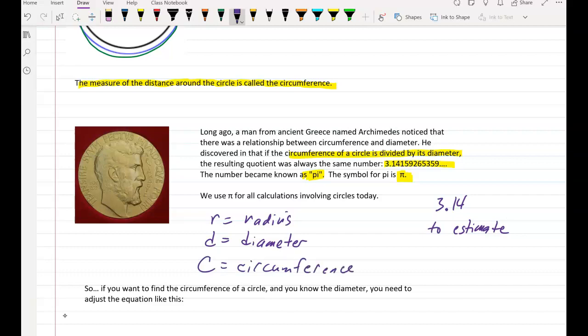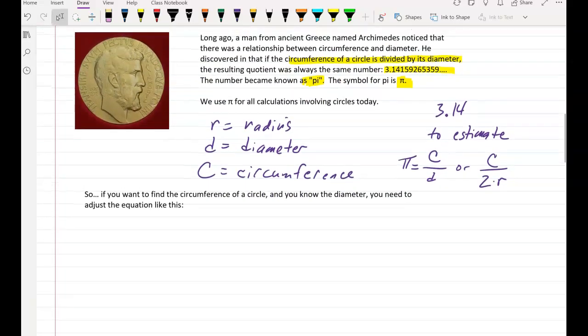That's really important to remember because, like I said, pi is equal to the circumference divided by the diameter. Interestingly enough, you should notice that diameter is the same thing as 2 times the radius, because you're going from the outside to the center to the outside. So pi could be circumference divided by diameter or circumference divided by 2 times the radius.